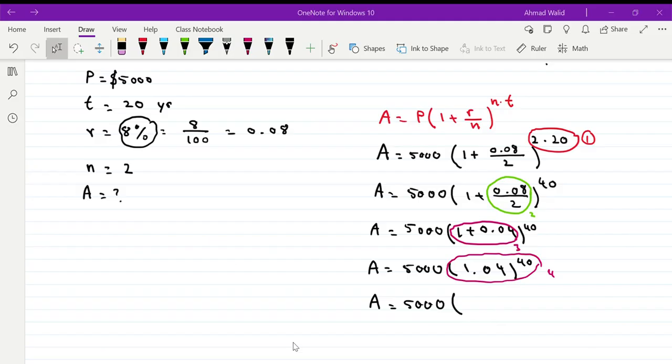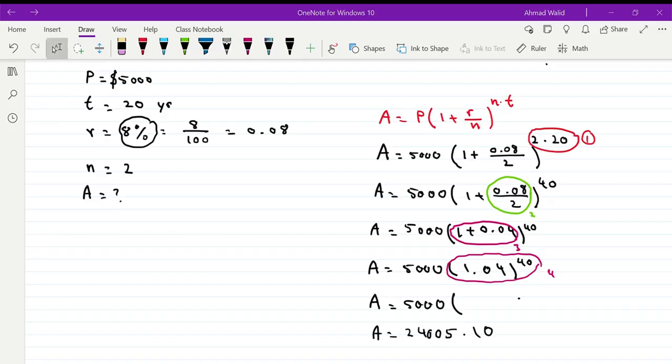now 24,005.10. A equals 24. What was the number? 24,005.10.